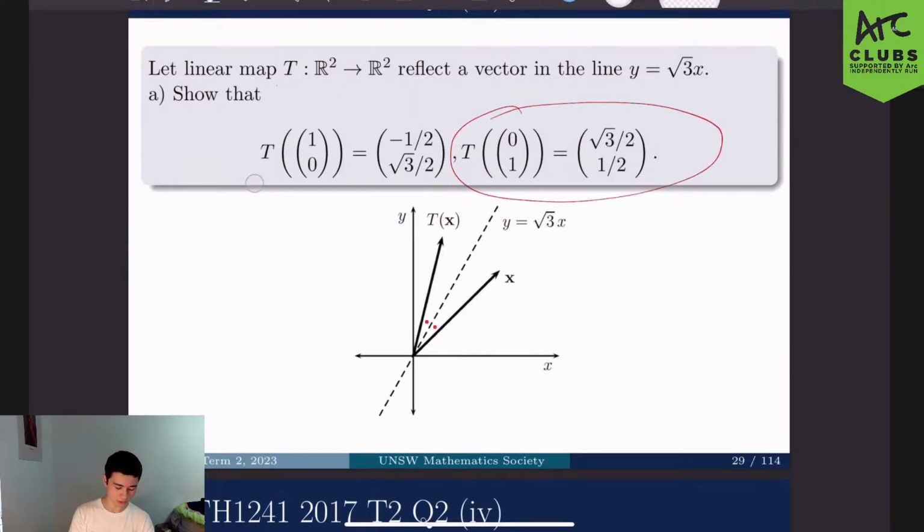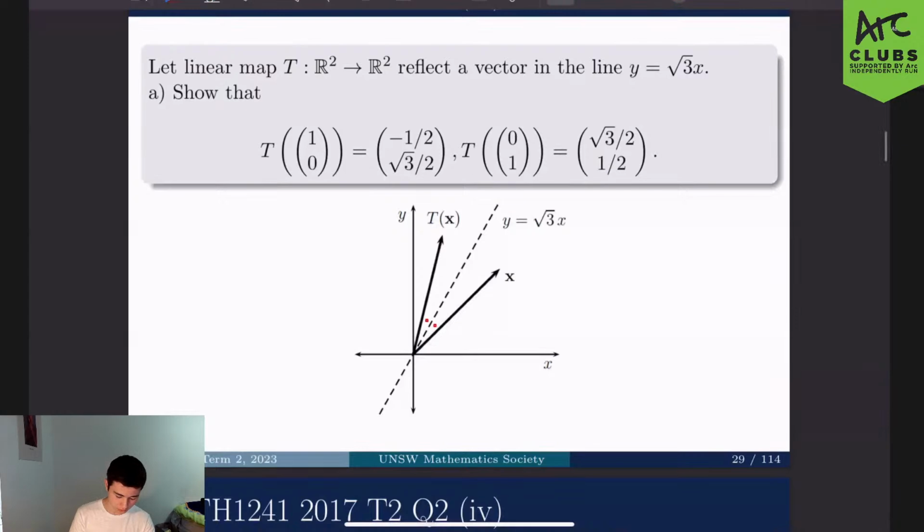To show that, we are going to substitute 1, 0, and show that it ends up over here. And then we're going to substitute 0, 1, and show it ends up over here. Something like that, using the transformation.